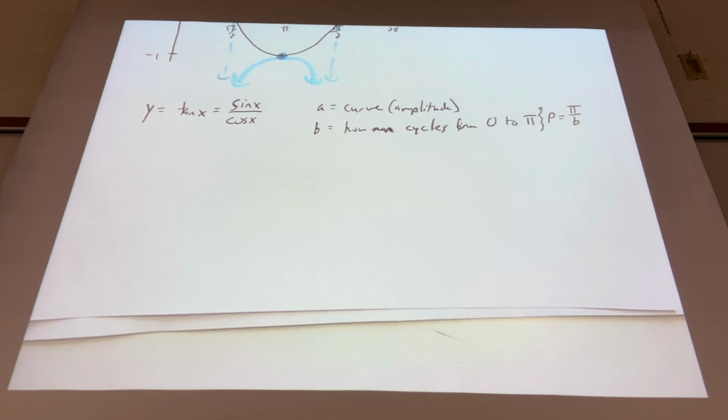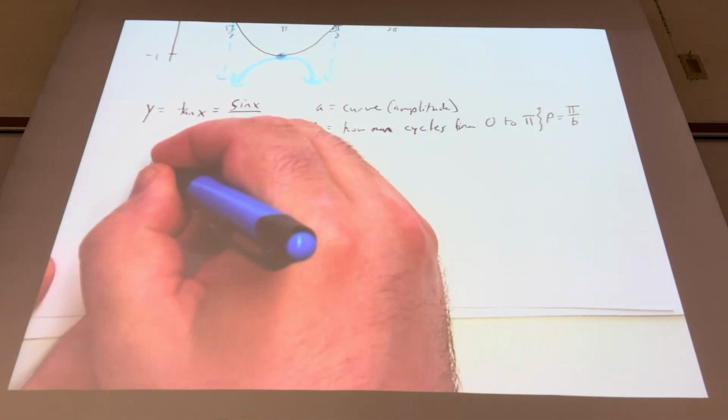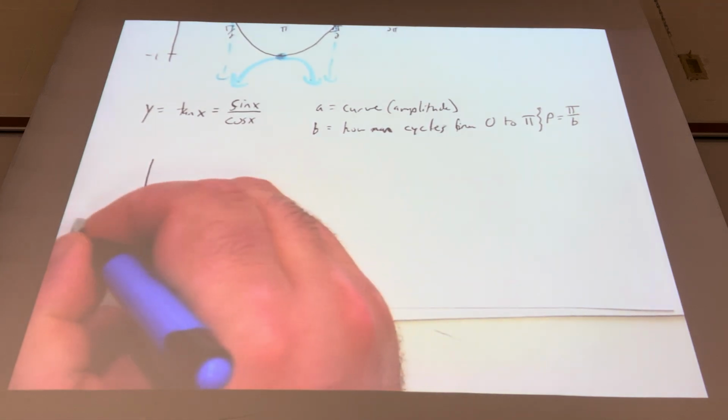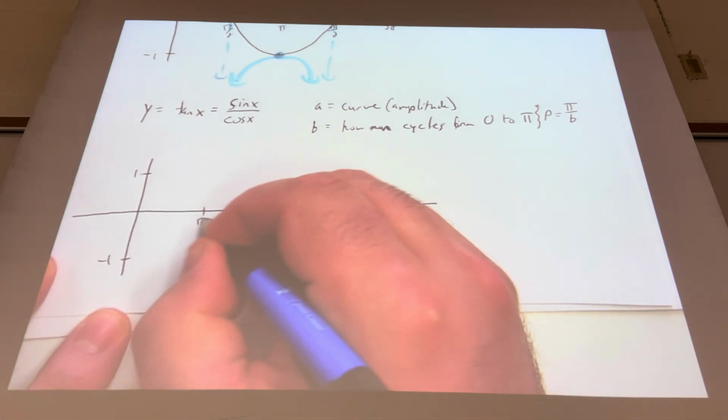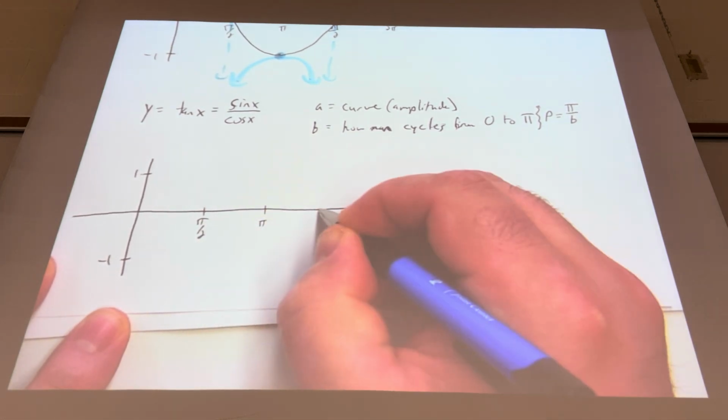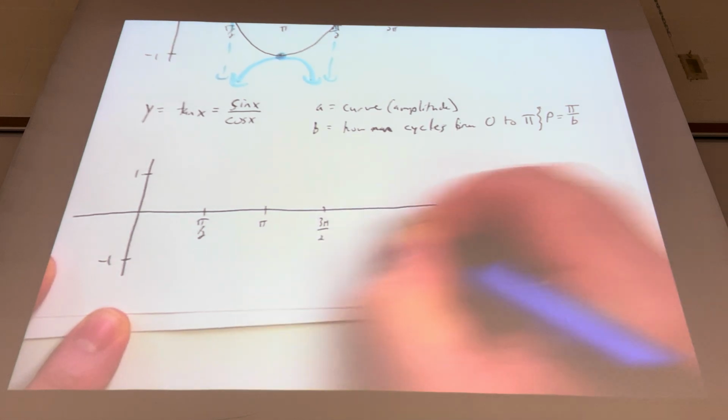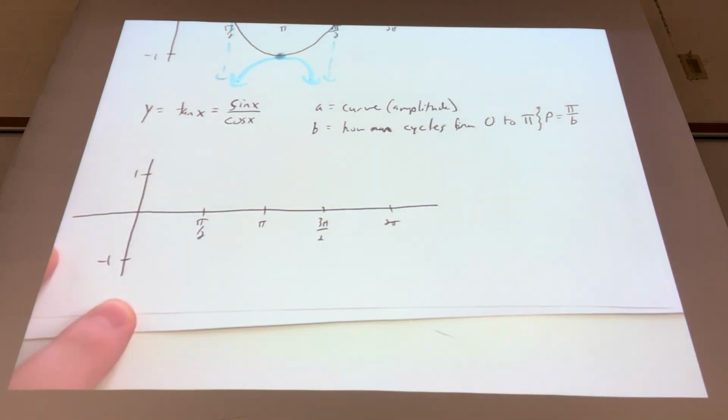If you remember, tangent was y over x. Y was the sine on the unit circle. X was the cosine on that unit circle. So tangent has this relationship. So we have our 1, -1, pi halves, pi, 3 pi halves, 2 pi.